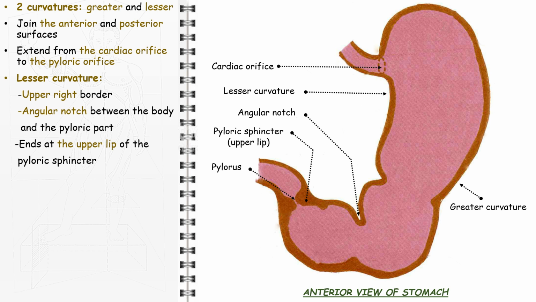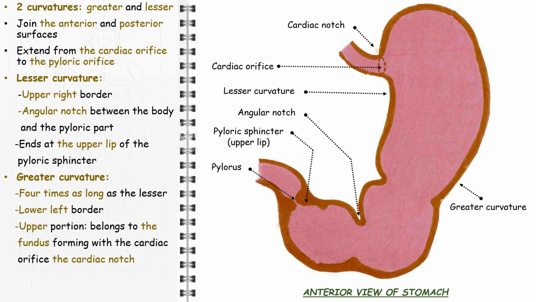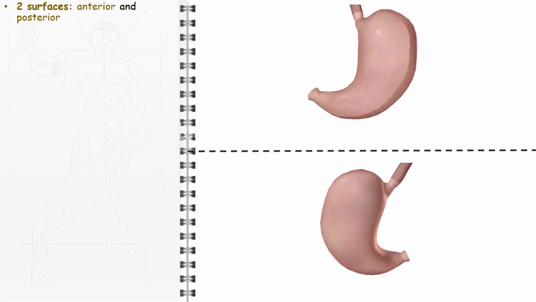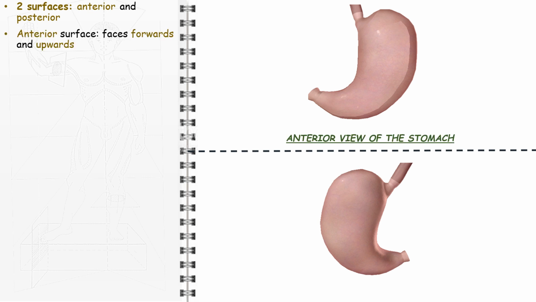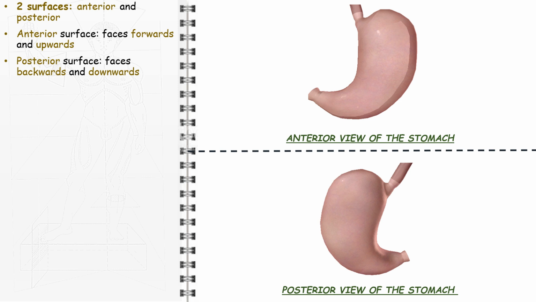The greater is 4 times as long as the lesser and constitutes the lower left border. Its upper portion belongs to the fundus, forming with the cardiac orifice the cardiac notch. It ends at the lower lip of the pyloric sphincter. The anterior surface of the stomach faces forwards and upwards, while its posterior surface faces backwards and downwards.